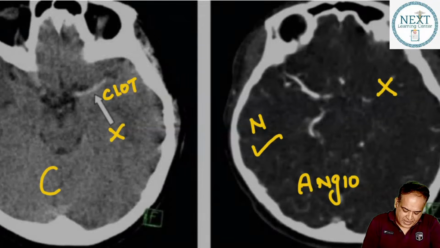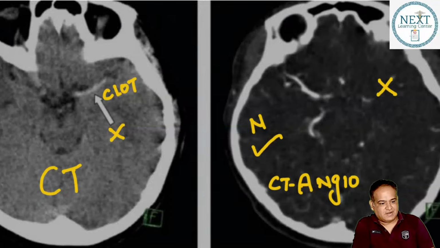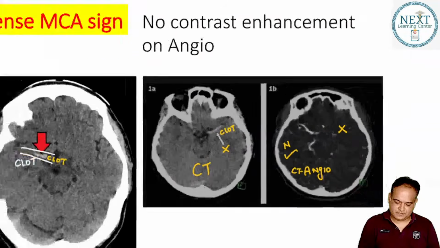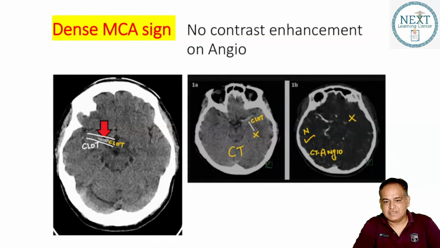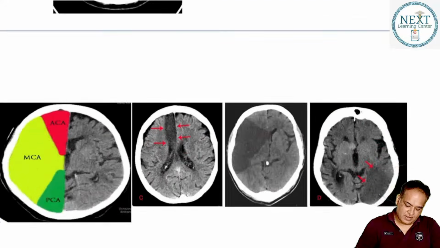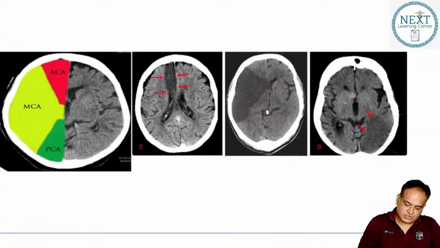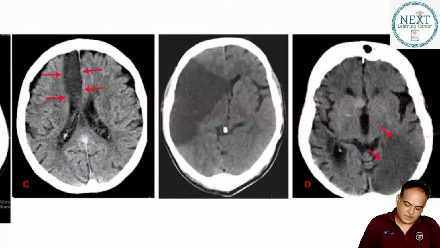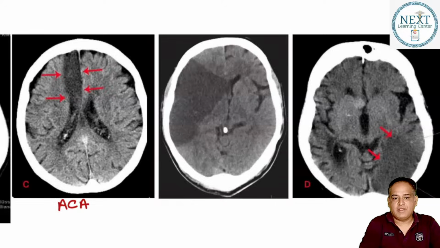So this is plain CT scan, and this one is CT angio, right? That is the difference. Okay, dense MCA sign, dense middle cerebral artery sign. Now you see there are zones. The first image is showing you infarct at the level of anterior cerebral artery.